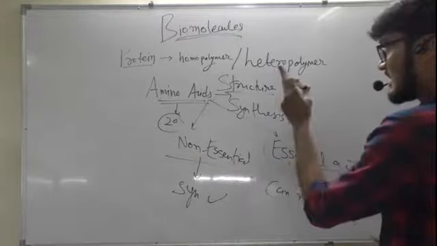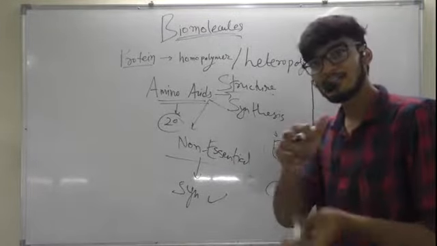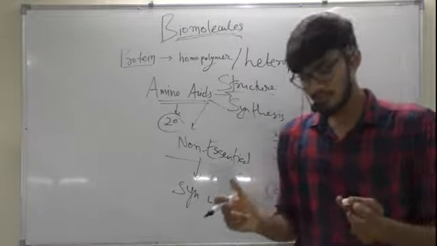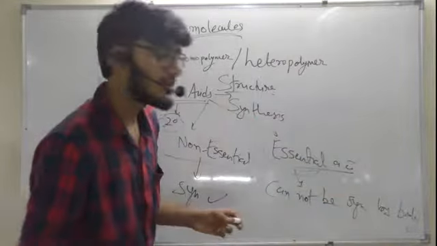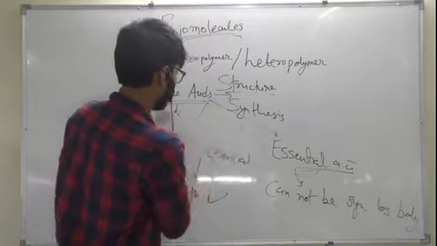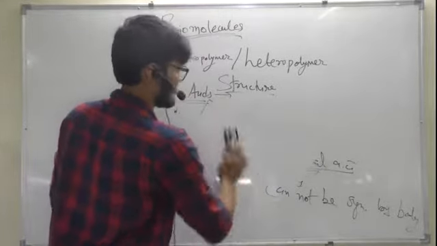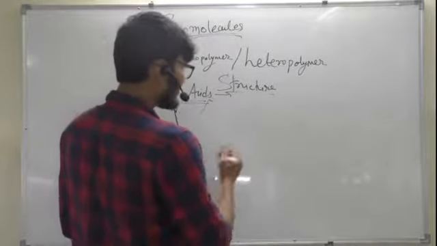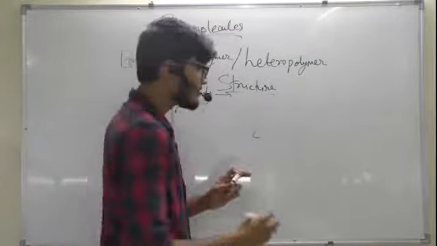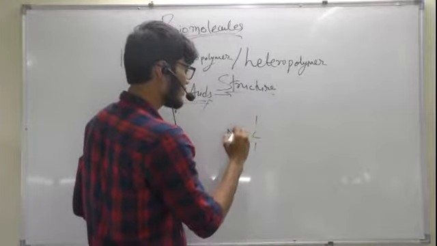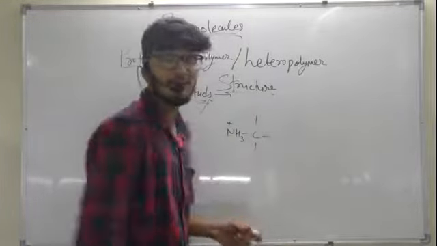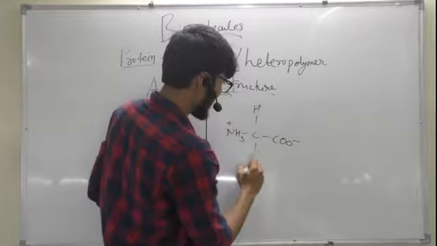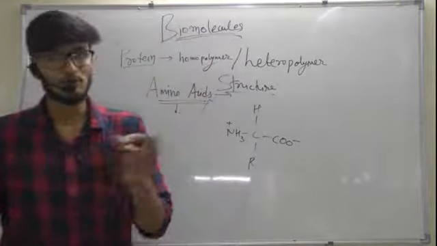Now, amino acids, as I told you, have different kinds of groups in them. So I'll draw a structure once again. As we have seen, there will be a central C component, one amino group, one carboxyl group, a hydrogen atom, and an R group that we talked about.